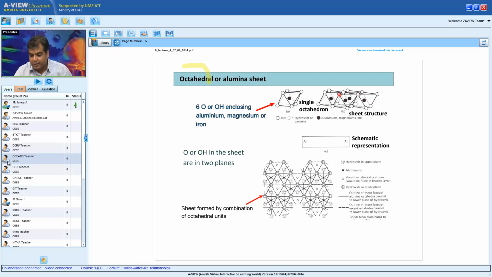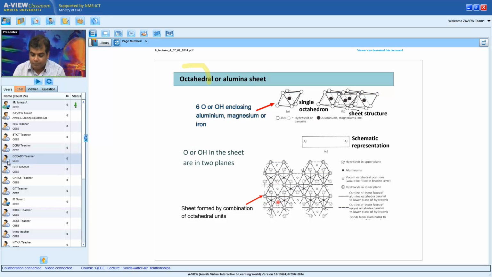So you have hydroxyls or oxygen interconnected from both top and bottom to make a sheet. The representation of this sheet is shown by a rectangle, with aluminium in the middle as the schematic representation.